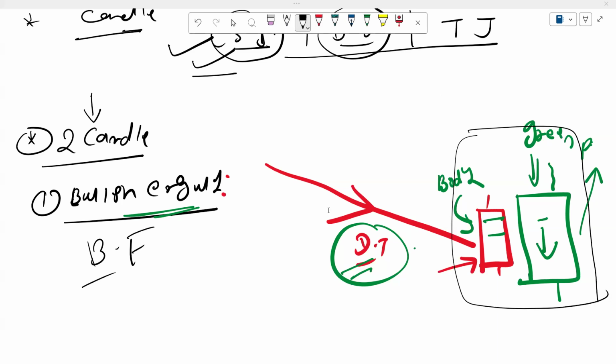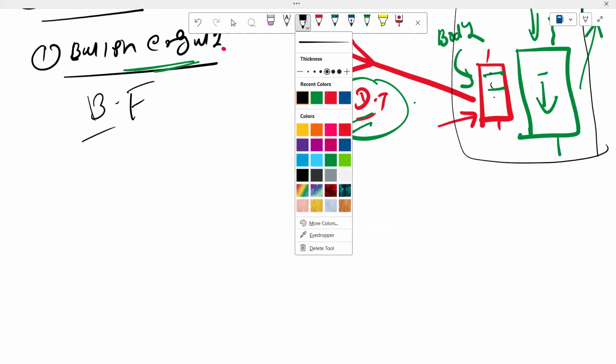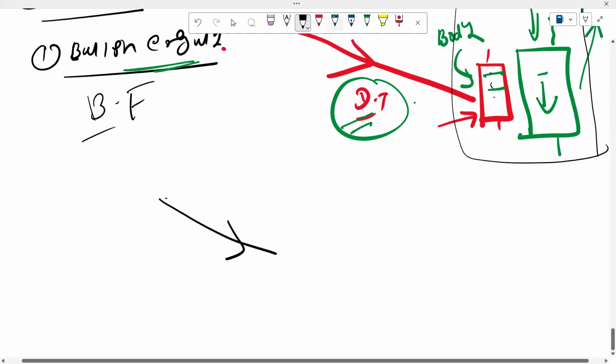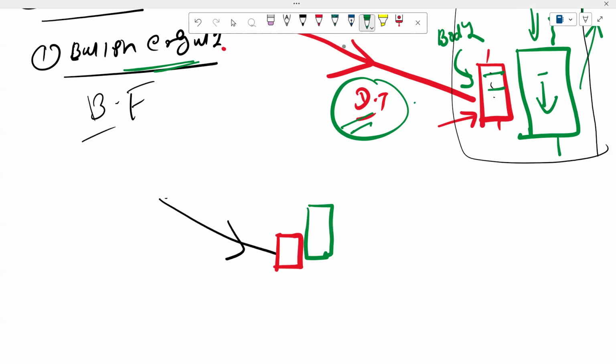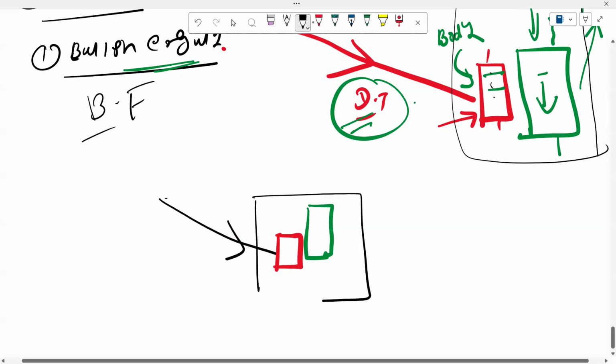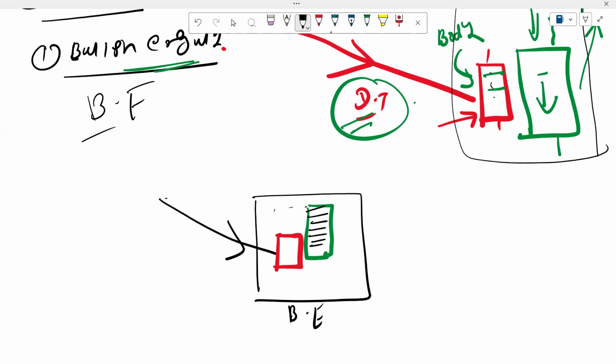Now if it is a downtrend and you see a red candle like this, but the green candle is like this, can you tell me if this is a bullish engulfing pattern or not? No, it is not, because the size of the green body does not engulf the red 100%. If you bring the green one over the red, this portion will be left, this bottom portion will remain. So it should engulf 100%.